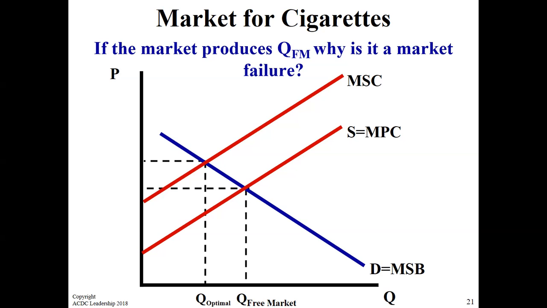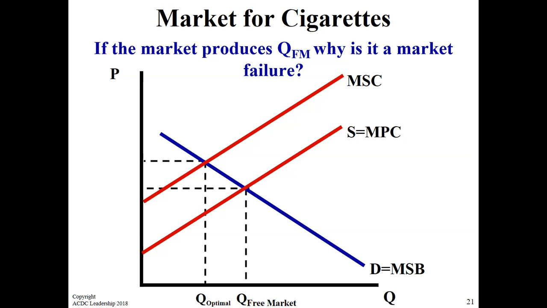Okay. So, what are we going to do, Noah, if we're the government, to get to the optimal amount that we want to produce? Yeah, we're going to put on an excise tax.